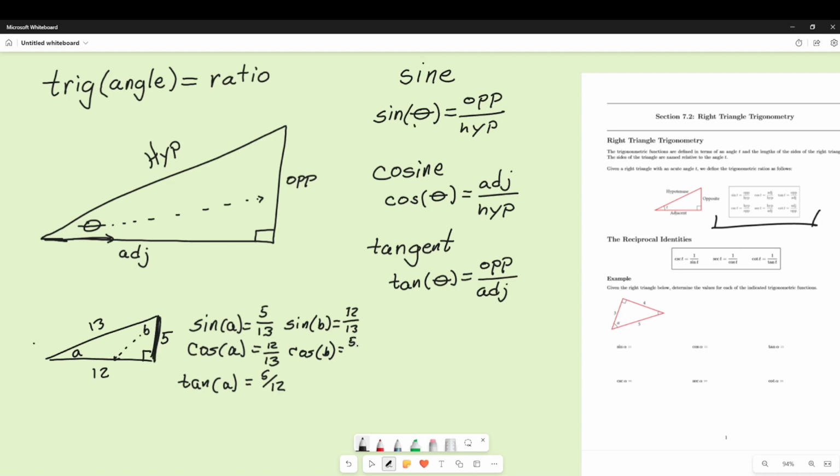So 5 over 13. And the tangent of B, opposite over adjacent, so opposite B is the 12 over 5. So we do have to be careful. Which angle we are referencing changes whether we're talking about the 5 or the 12.